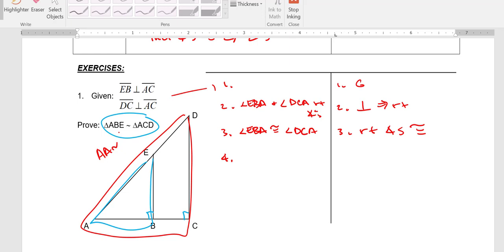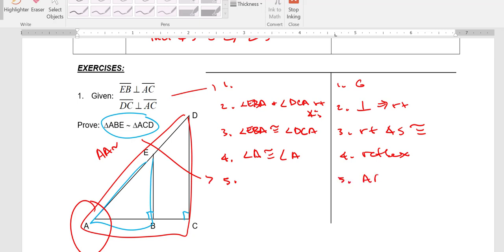And so you can hopefully see that you've got a reflexive angle here, so angle A is congruent to itself. And in step 5, I can say that the triangles are similar by AA similarity from steps 3 and 4.